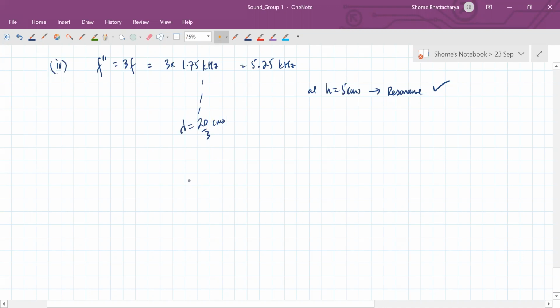So you can see that 95 centimeters will be some odd multiple of lambda by 4, some odd multiple of 5 by 3.